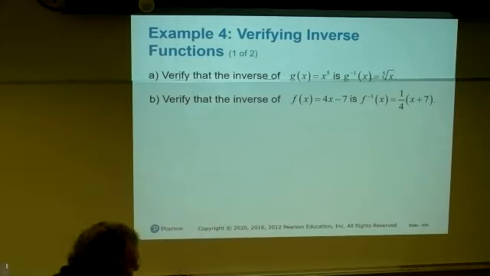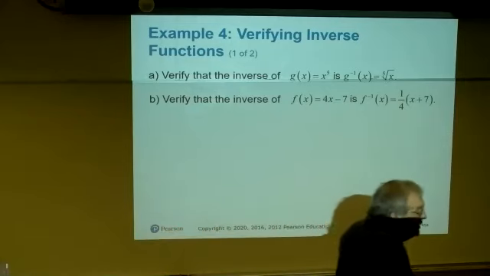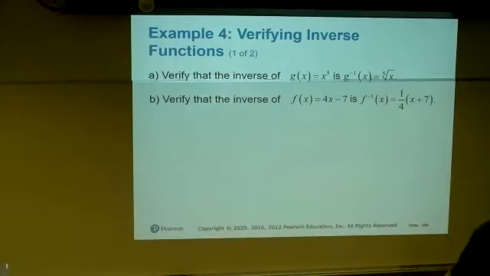All right, to verify that these are inverses, you do those compositions. I always start with g of g inverse, but they do it the other way around. To me, it makes more sense to do g of g inverse and then g inverse of g, but they do it the other way around. It's a matter of preference.